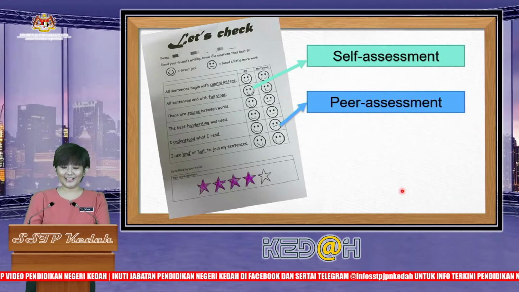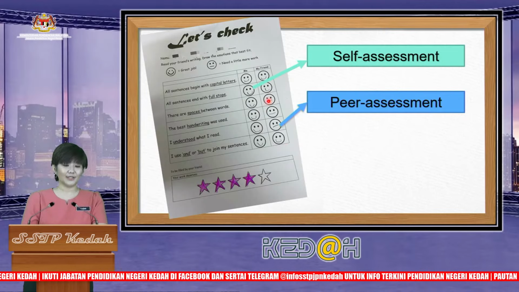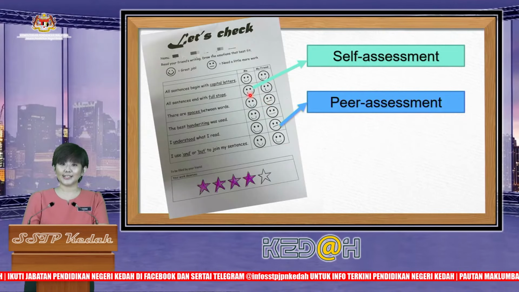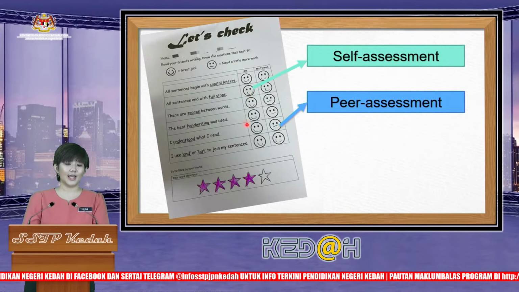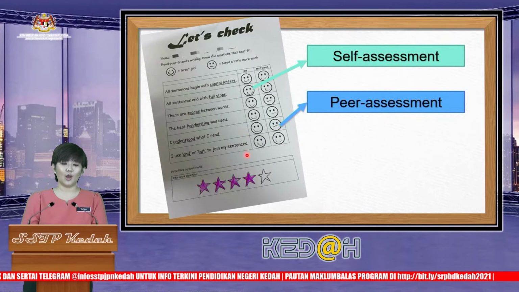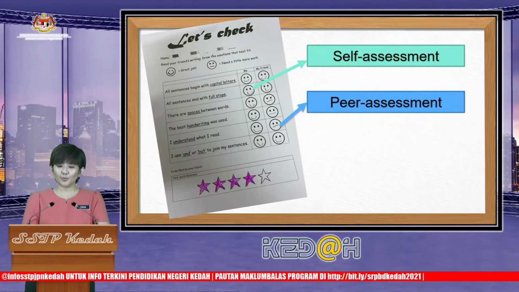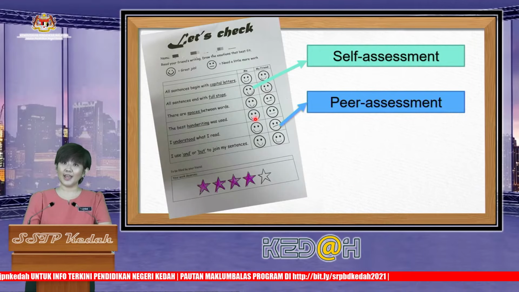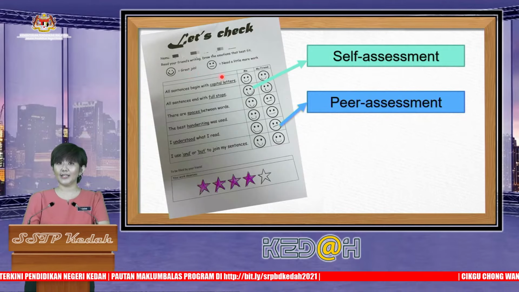These items consist of: all sentences begin with capital letters, all sentences end with full stops, there are spaces between words, the best handwriting was used, I understand what I read, and I use "and" or "but" to join my sentences. So pupils will draw a smiley face for a job well done and a straight face if they think they have more work to do.